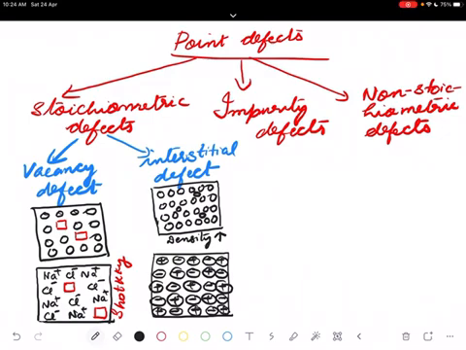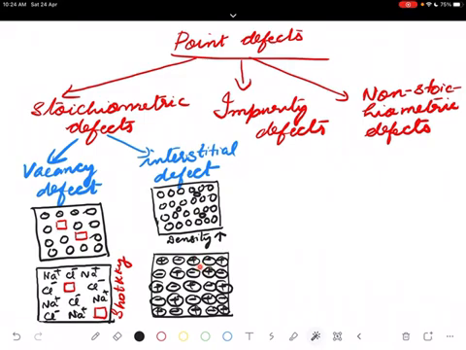In the case of ionic solid, again electrical neutrality is to be maintained. So, generally a smaller ion is dislocated from its original site. Suppose this is dislocated. Generally, cations are dislocated because they are of smaller size. So, it will be moving to an interstice, a gap.